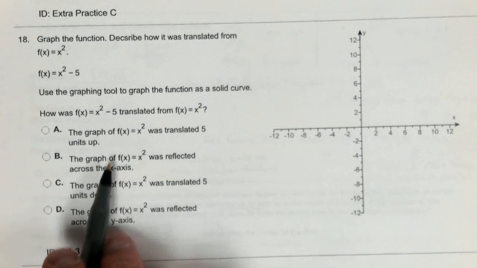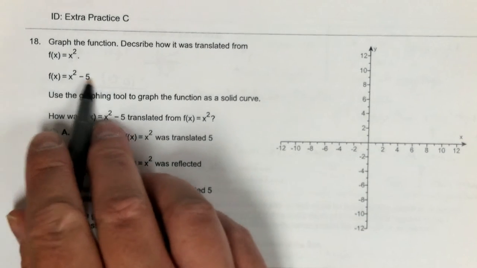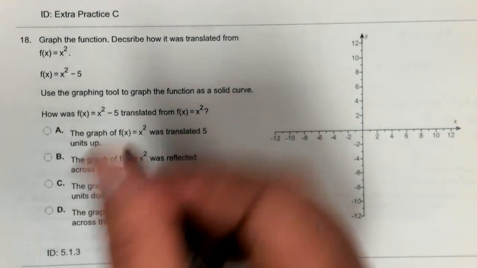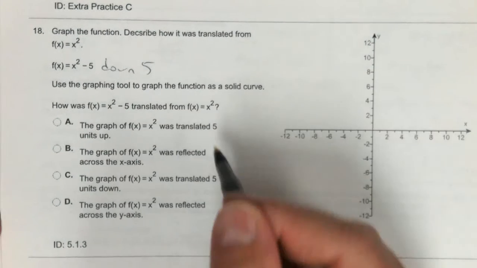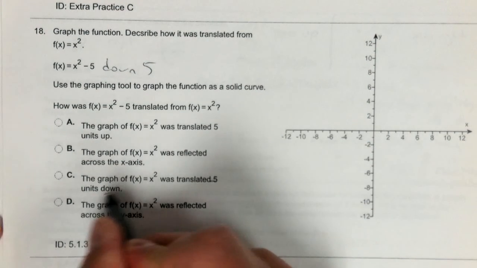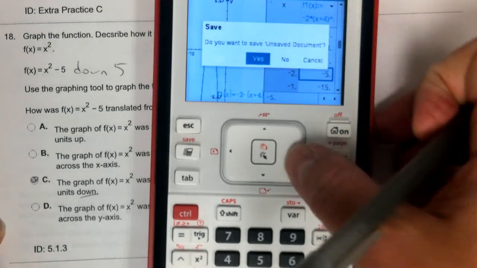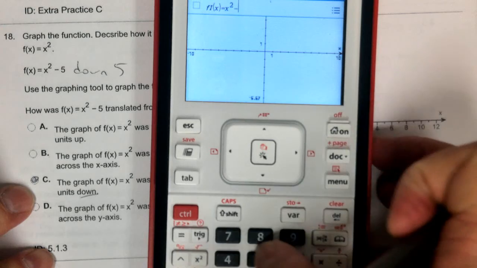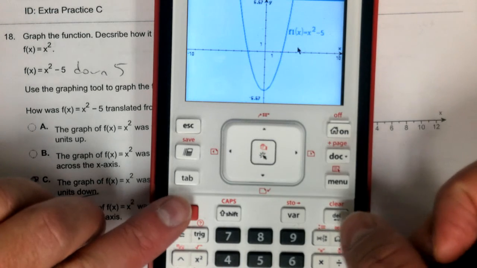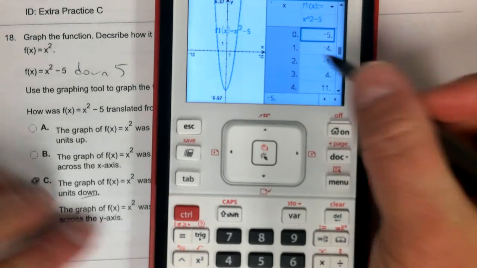And then the next one says graph the function and describe how it's translated. This one, the minus 5 is outside, and so this means down 5. So 5 units down is C. And again, you want to graph it. So we have x squared minus 5. Go to your table. And at this one we have (0, negative 5).